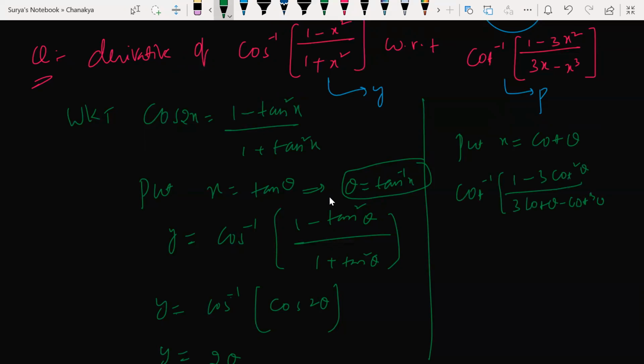This is the cot 3 theta formula. So what are you left with now? P is equal to cot inverse of cot 3 theta, which is 3 theta. So P is equal to 3 theta, where theta is cot inverse of x.